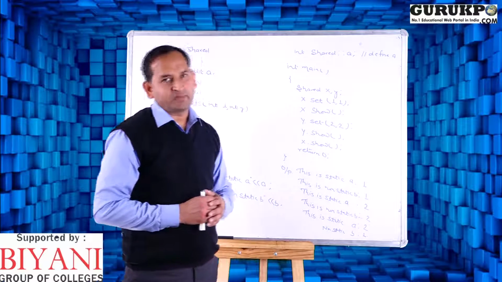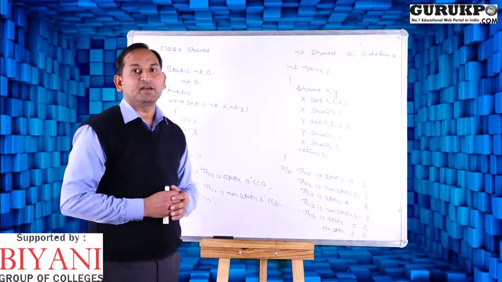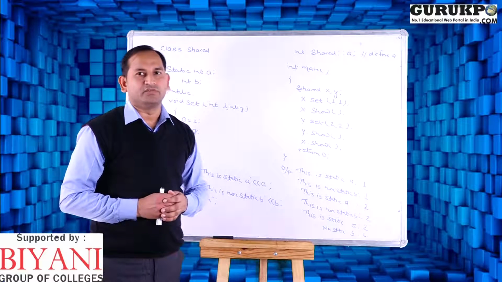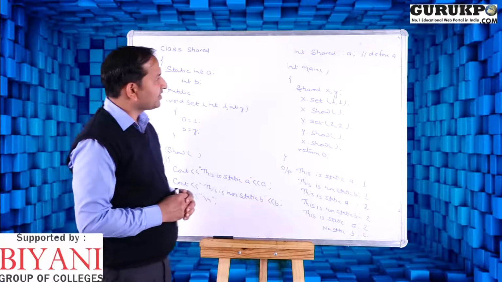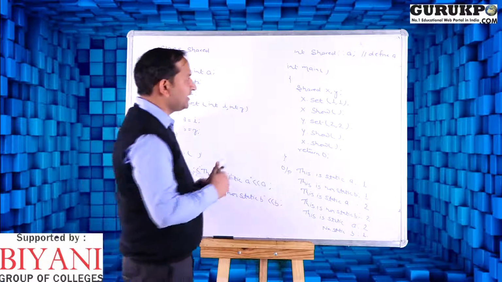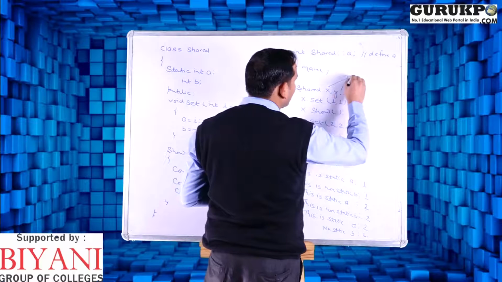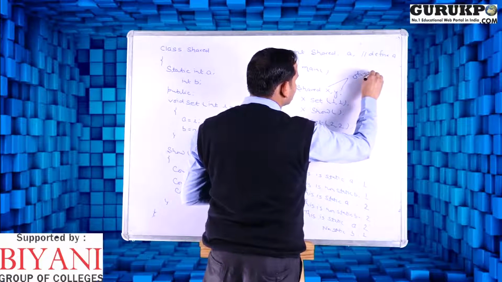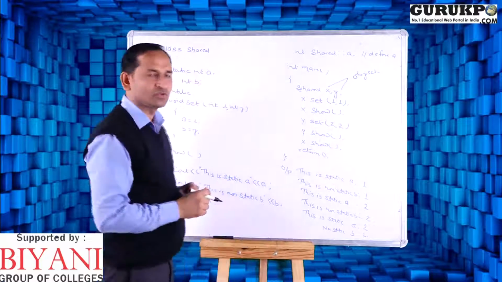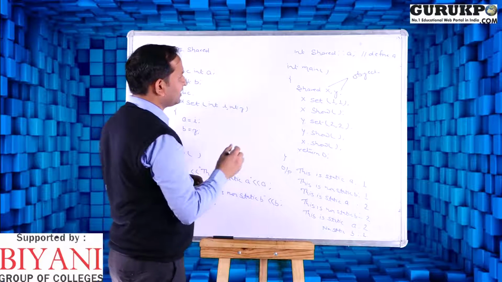When we define the static member variable outside the class, we are allocating memory space to that variable. Every program begins from the main function. Here we are creating two objects x and y of the shared class.